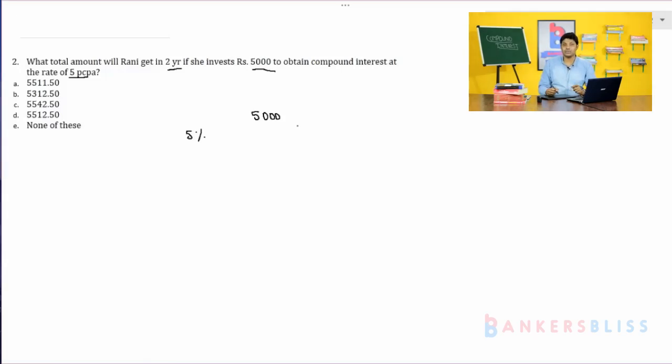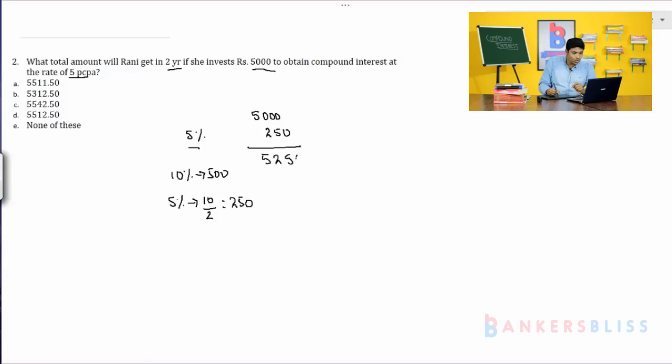So 10% is 500, and 5% means half of 10%, that is 250. So 5,250 is the total amount you got after 1 year.